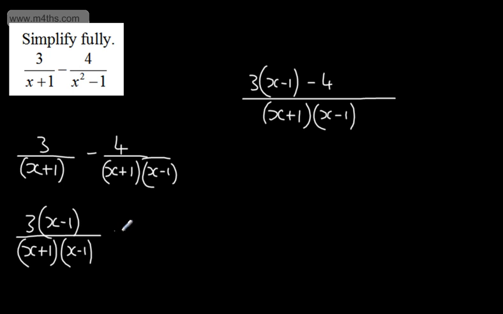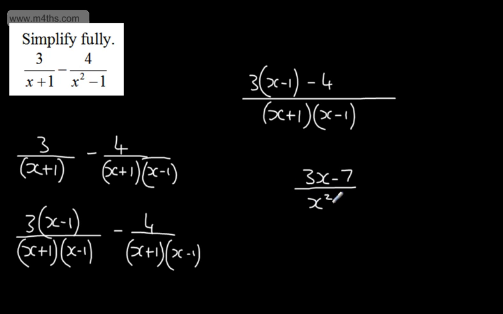So we have 4 over x plus 1, and then x minus 1. So if we just look at this, we're going to have 3x minus 3 minus 4. So we'll have 3x minus 7. And I'm going to write this back now as x squared minus 1. So this is now a single simplified fraction.